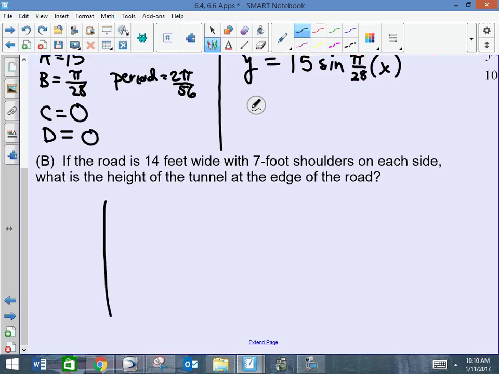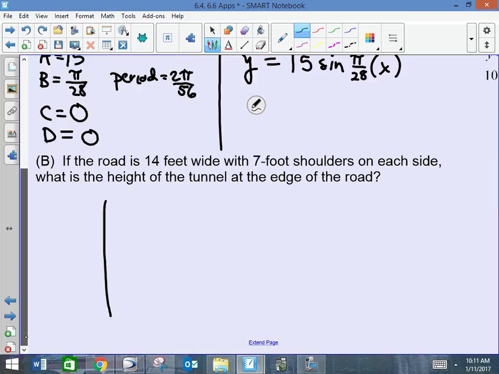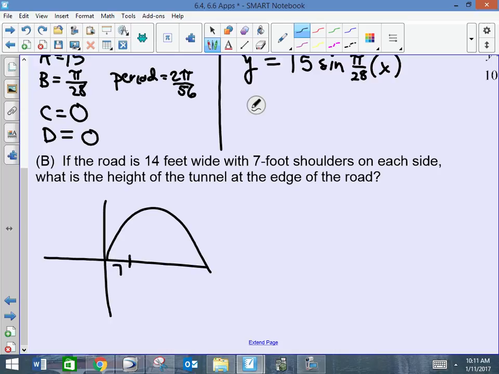Okay, so remember there's a road in here, and then there's a shoulder. Let me just reproduce that here. The road is 14 feet, with a 7-foot shoulder and another 7-foot shoulder. 7, 14, 7, that makes up 28, right?